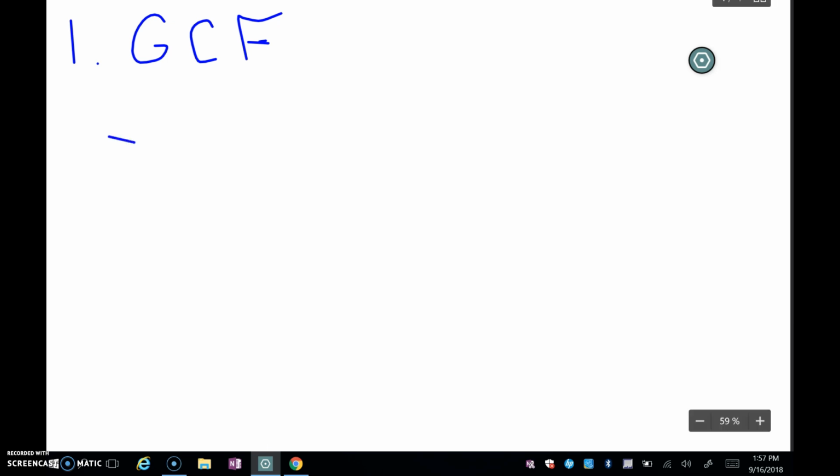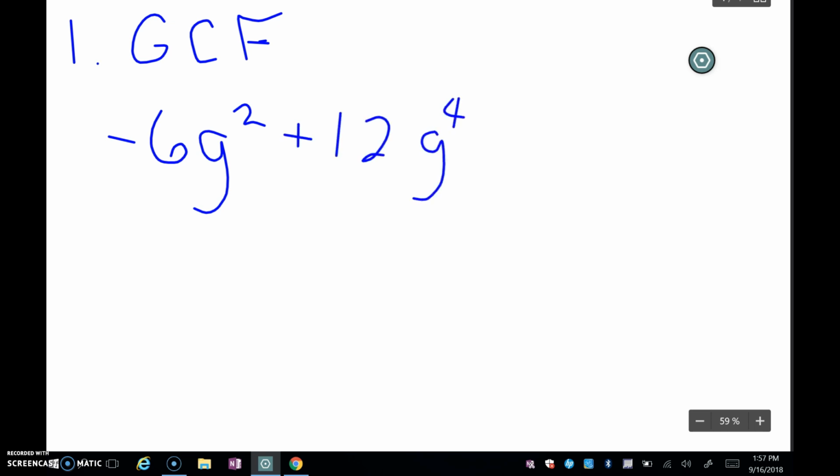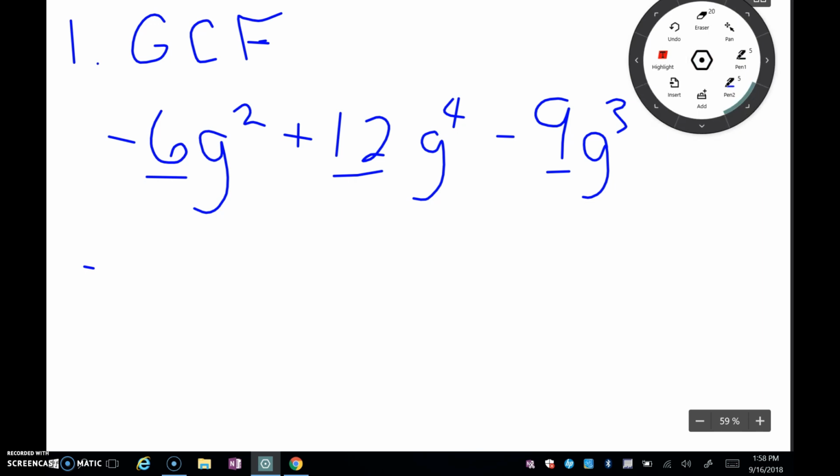So this first example, -6g squared plus 12g to the fourth minus 9g to the third. The first thing you want to look at are the numbers. What we want to do first here is to put this polynomial in order.